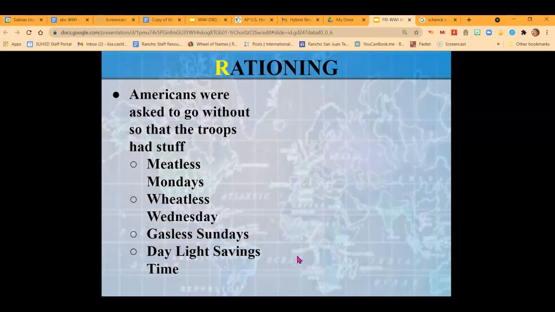Another R, this is a U.S. home front. U.S. citizens were asked to ration. R is for rationing. Americans were asked to go without, so the troops had stuff.